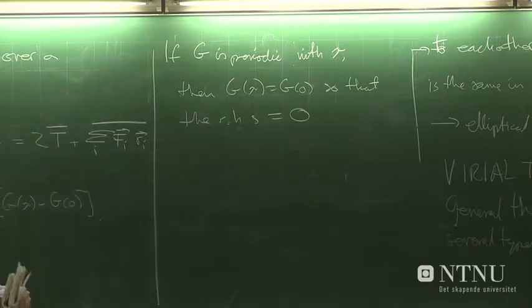RHS is right-hand side. So if g is a periodic function with tau, then the right-hand side is equal to 0.